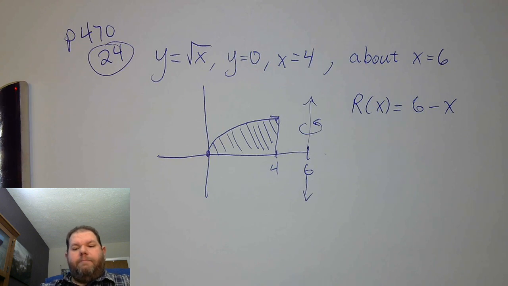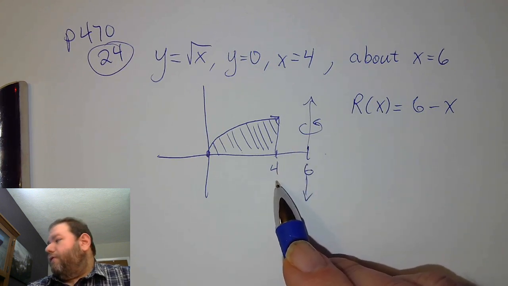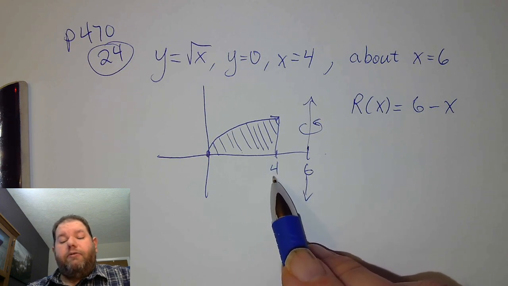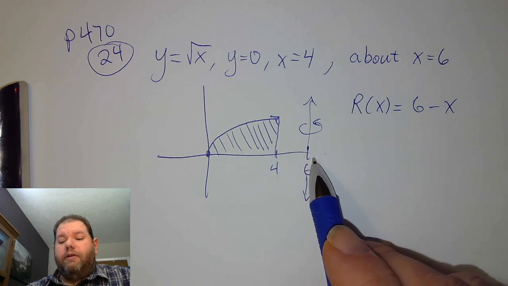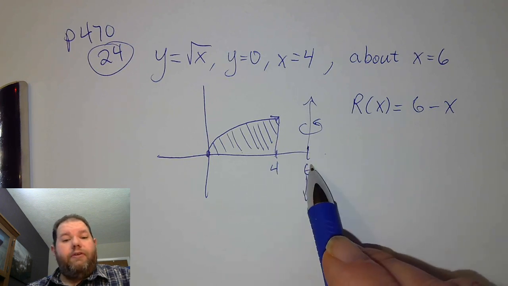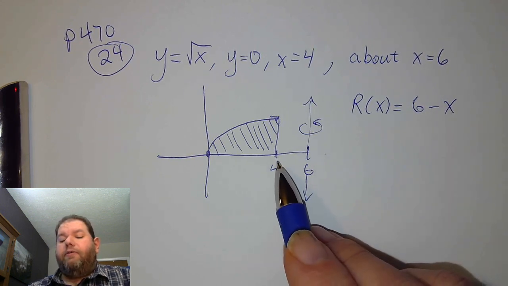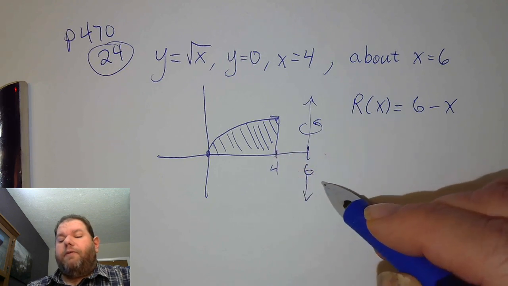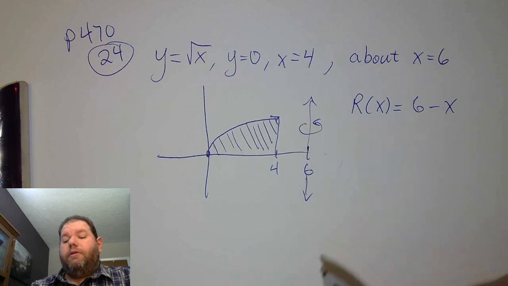Let's think about that. If we end up using an x value of 4, for instance, at x equals 4, how far are we away from this radius? Well, 4 is 2 units away from 6. 6 minus 4 gives us a radius of 2, so when we take this part of the graph and revolve it around this axis, we'll create a cylinder of radius 2.